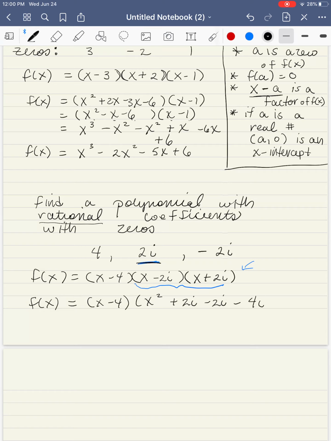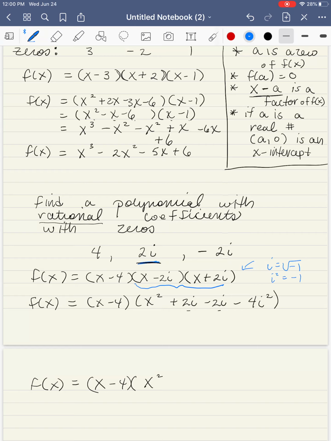So I have x times x is x squared, plus 2i, minus 2i, minus 2i times 2i is 4i squared. So I'm still just dropping down the x minus 4. And then 2i minus 2i is 0. So I have x squared minus 4i squared.